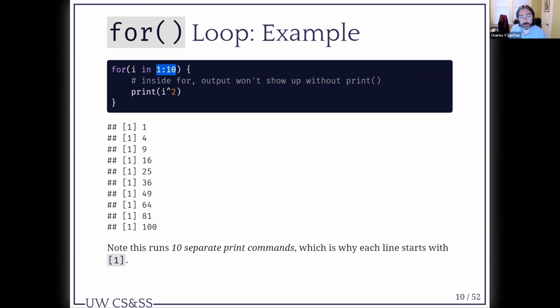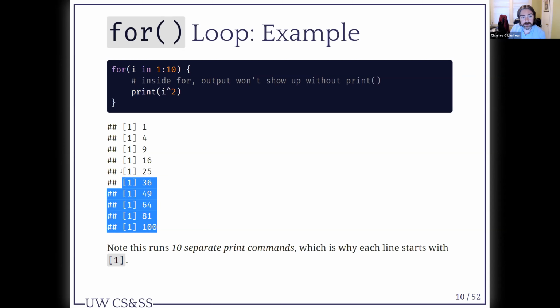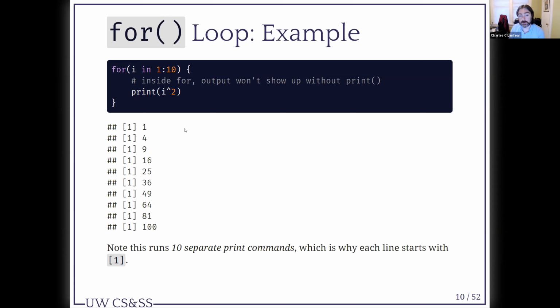So I is going to get replaced with 1. It's going to be squared, and it's going to print it. You're going to get 1. 1 squared is 1. 2 squared is 4. 3 squared is 9. 4 squared is 16. 5 squared is 25. So this code, because there's 10 items here, 1 through 10, it just prints 10 things, one after another.